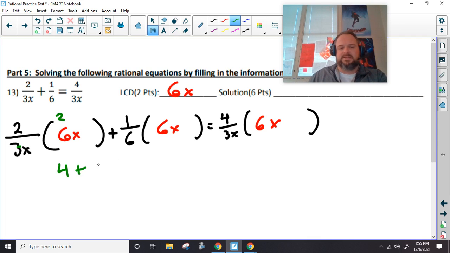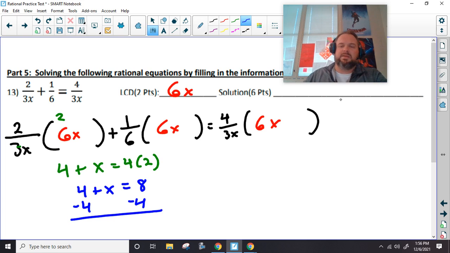For this one, the 6's cancel. You're left with the x. And then we have a 4. X is canceled. 3 goes into 6 2 times. So it actually turns out to a nice, neat equation. So we get x equals 4.